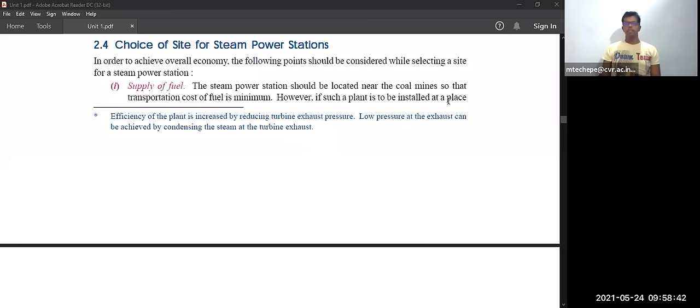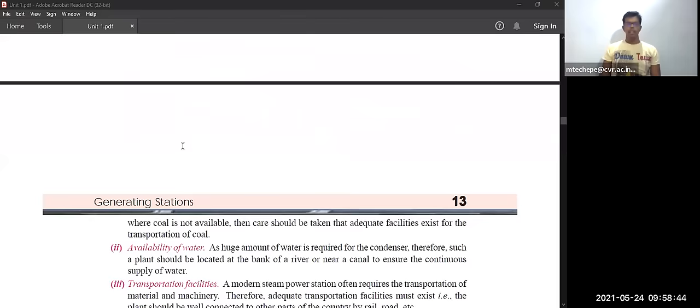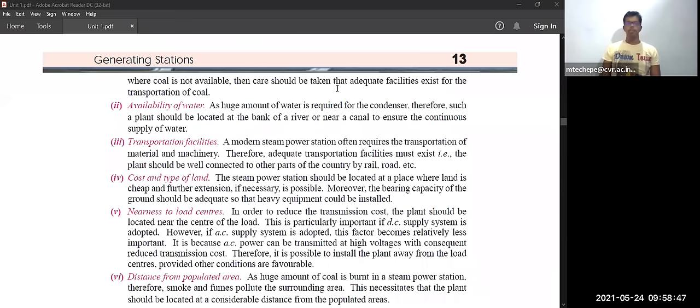However, if such a plant is to be installed at a place where the coal is not available, then care should be taken that adequate facilities exist for the transportation of the coal. In some places where railroads are not available, we have to go for lorries. But even then they may connect to nearby shipyards and coal mines.